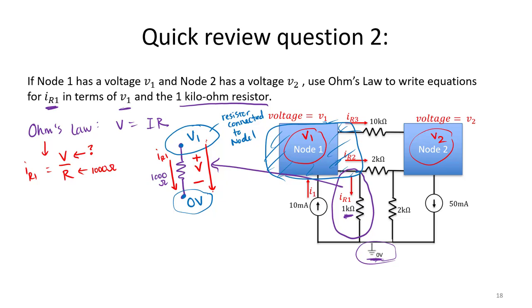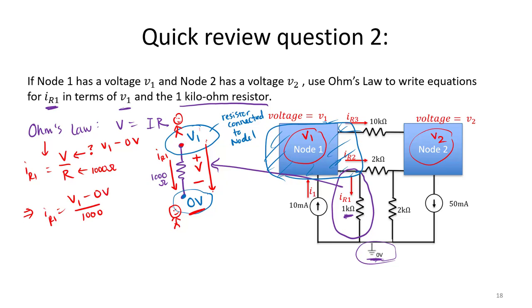Wait a minute. Notice this voltage is just equal to V1 minus 0 volts, right? Because initially up here, I'm standing at V1 volts, and if I go across my resistor down to the other side, I will have 0 volts. So I can write that my current IR1 is just equal to V1 minus 0 volts.